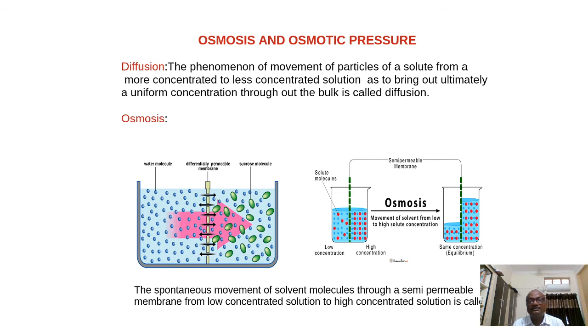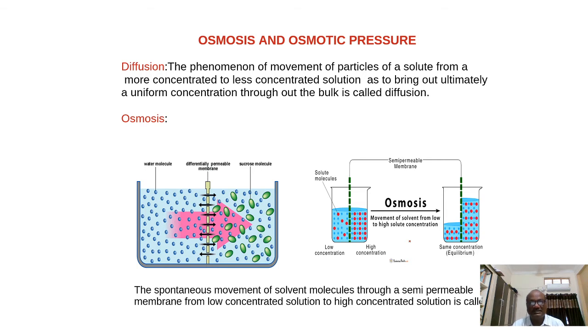So in these two cases, what do we understand? When two solutions having different concentrations are separated by a semi-permeable membrane, then the solvent molecules will move spontaneously from low concentration region to high concentration region through the semi-permeable membrane.